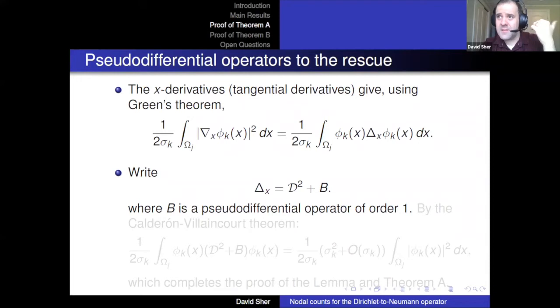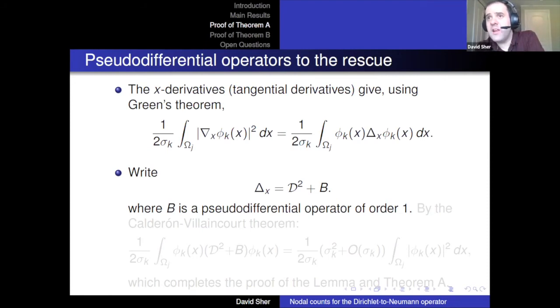Their difference, and this is where we're using the smoothness of Q and of the boundary, is a pseudo-differential operator of order 1. That's true because the Laplacian is a differential operator of order 2, and D is a pseudo-differential operator of order 1, so d squared is a pseudo-differential operator of order 2.